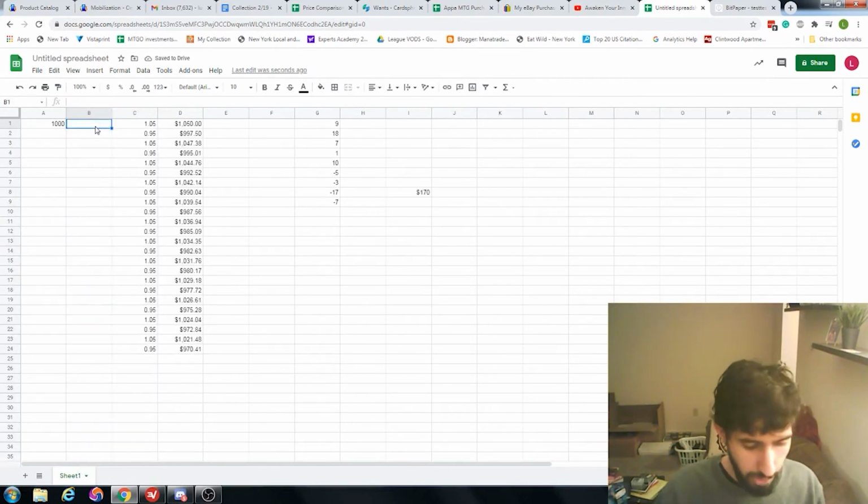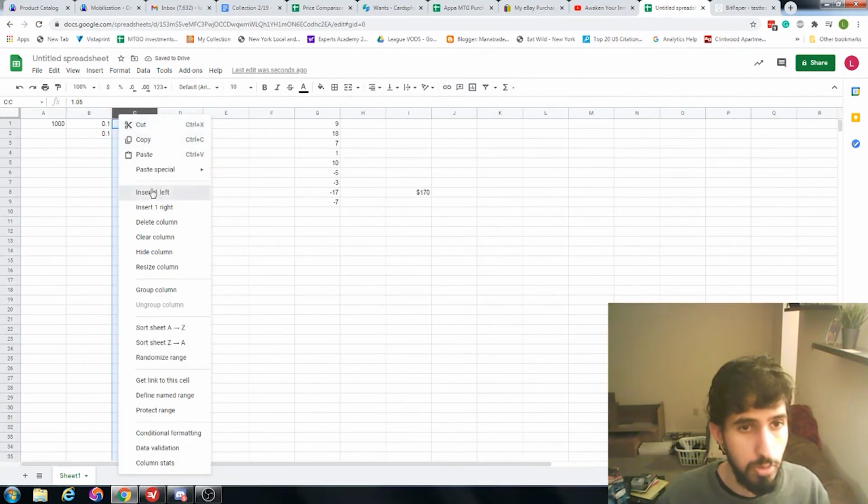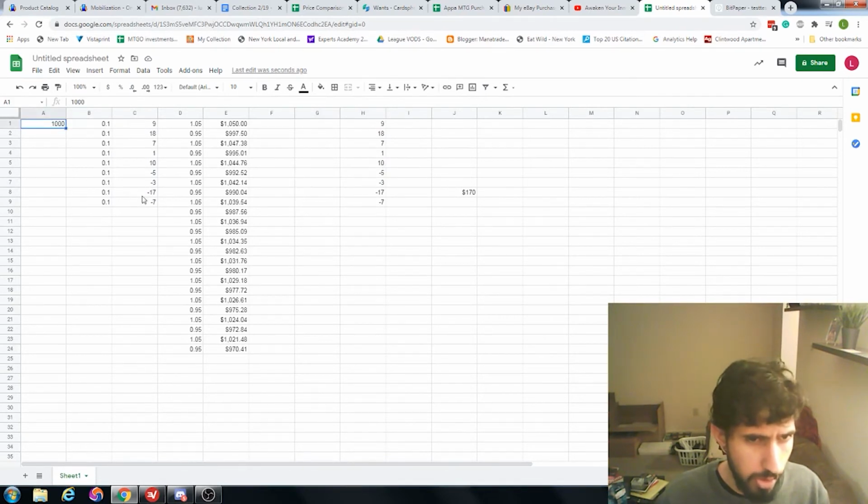So I'm going to pick a value for F. Let's say like 0.1. Actually, let me put these values here. And I think what you're supposed to do is you're supposed to start with like 100 times this.